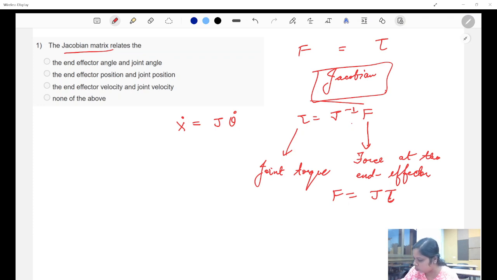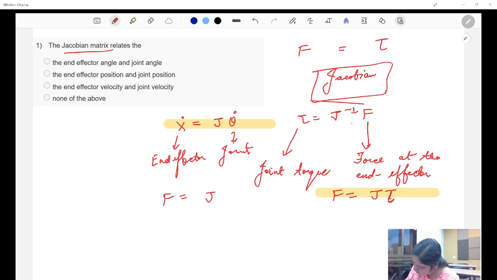But if you try to find an analogy between this and this, it's difficult, right? Because in this case, this is related to the end effector, and this is related to the joint. Excuse me, ma'am, torque is Jacobian transpose into force.